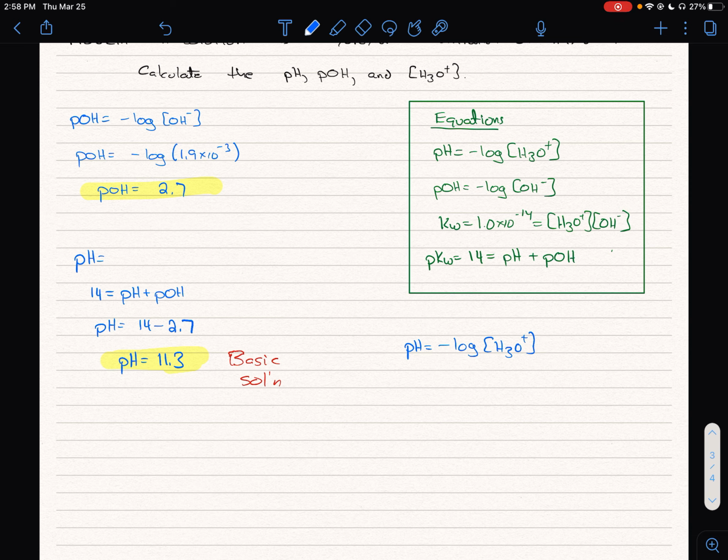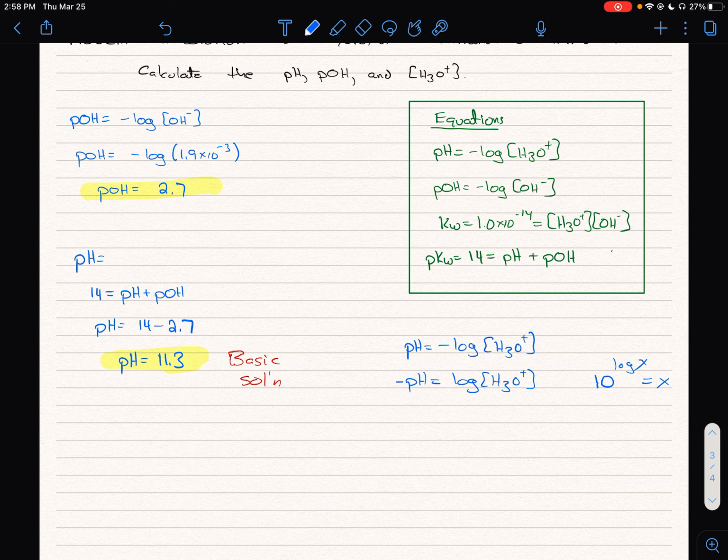And so we actually have to get rid of a log function. To do this stepwise, I'm going to move the negative sign. Get negative pH is equal to log of the concentration of hydronium. And to get rid of that log, if you recall, we would need to raise 10 to whatever's there. So 10 to the log of x is just equal to x.